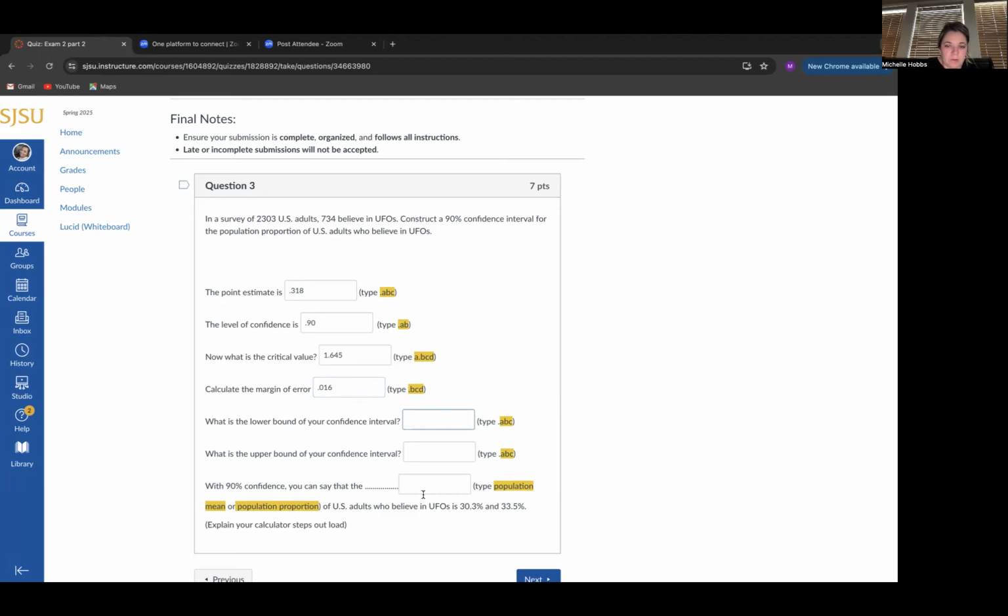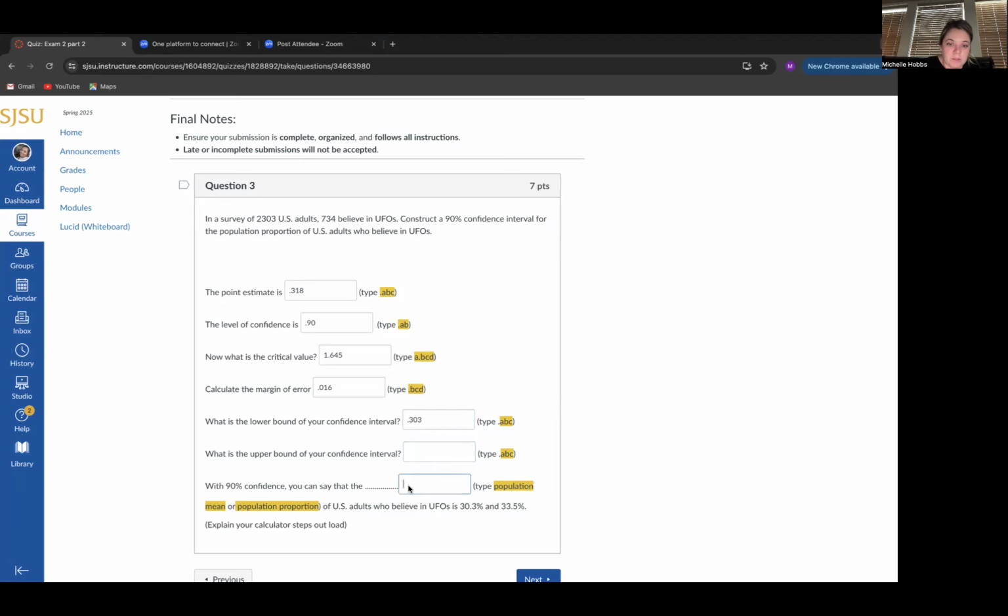And then the lower bound is going to be this. The confidence interval. The lower bound is 0.3187 minus the 0.01597, which equals 0.3027. So I'm going to do 0.303.